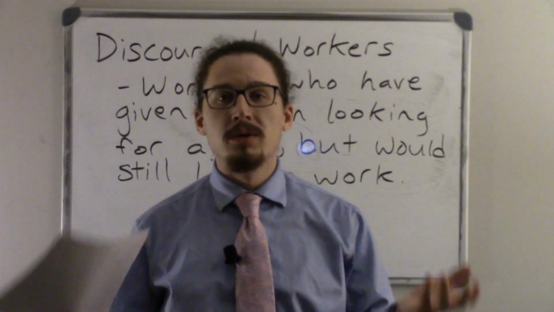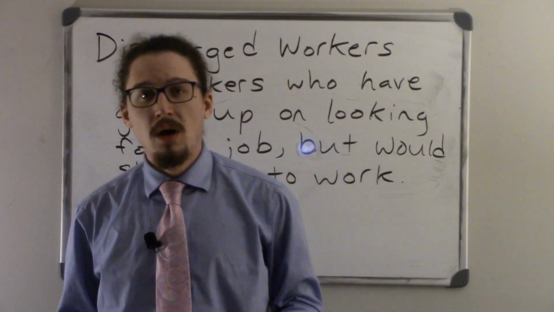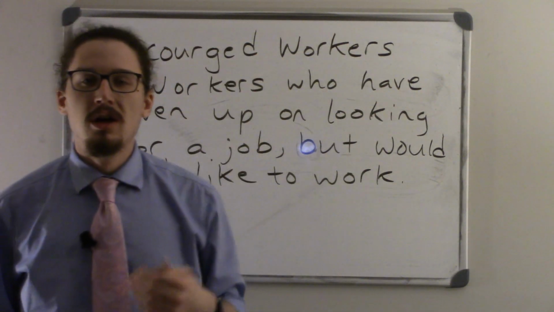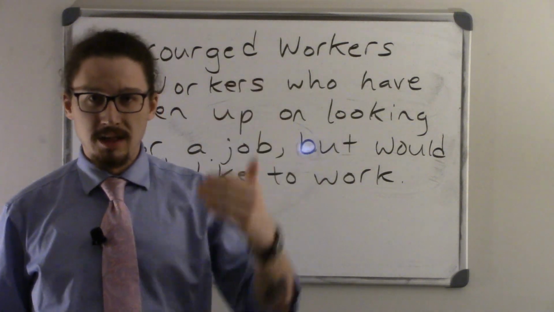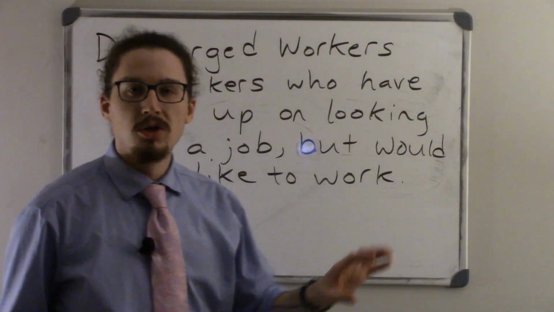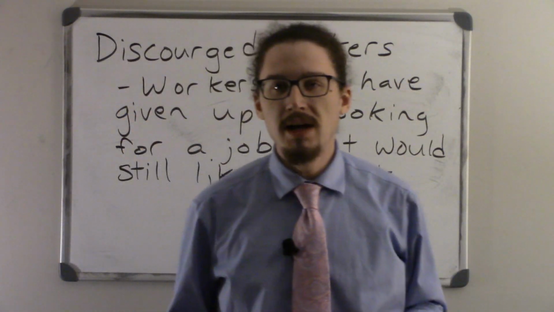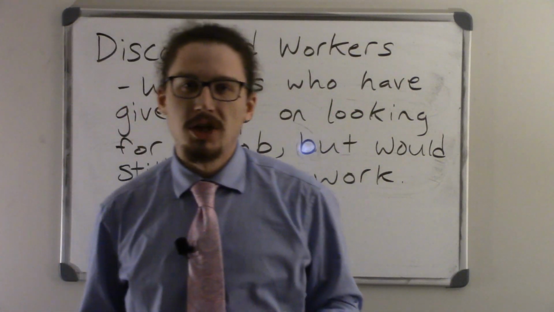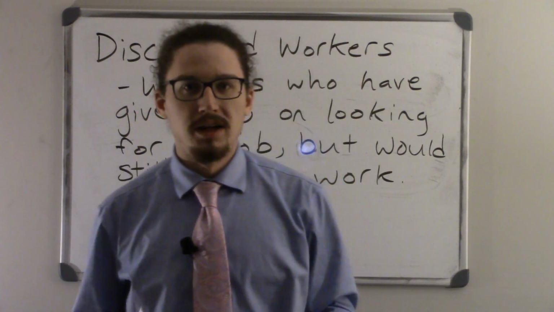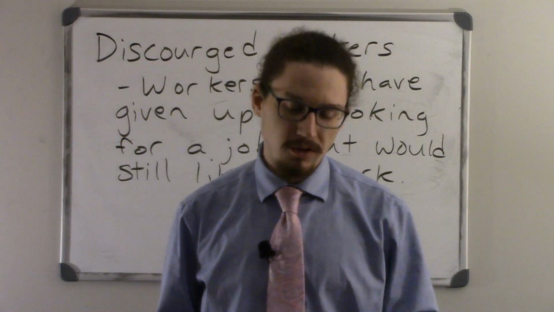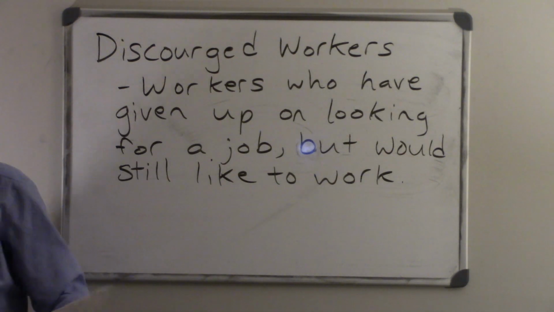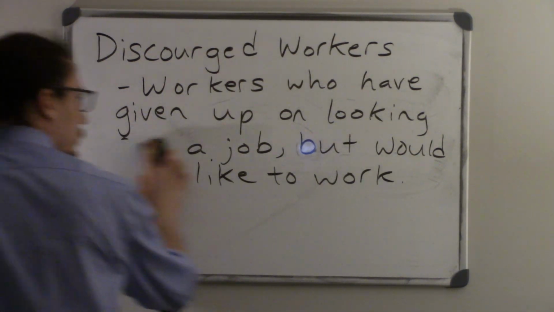In a time of economic prosperity, you would expect the unemployment rate to be lower, right? But as we were climbing out of that recession, the unemployment rate had dipped and started to go back up. That's because all of the discouraged workers who were not being included in the unemployment rate were now actually looking for jobs. The economy was getting better. They thought they had an actual shot at finding a job, so they began actively looking for one, and that led to a bump in the unemployment rate.